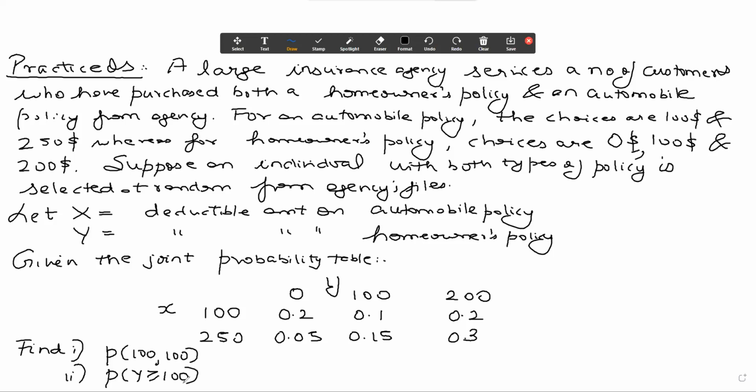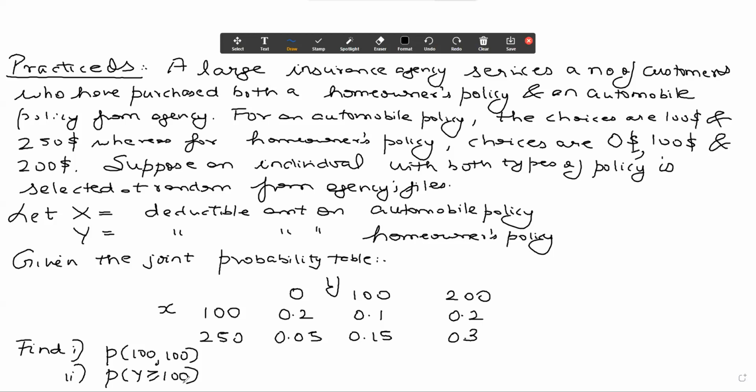So let's read the question. A large insurance agency services a number of customers who have purchased two types of policies, homeowner and automobile policy. If you purchase an automobile policy, then you have to pay either $100 or $250. If you purchase a homeowner's policy, then you can pay $0 or $100 or $200.